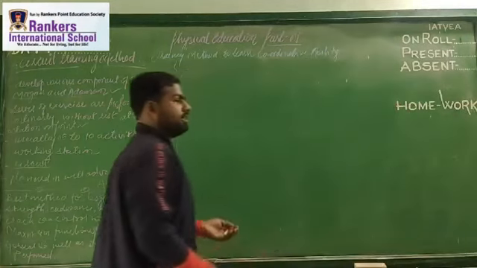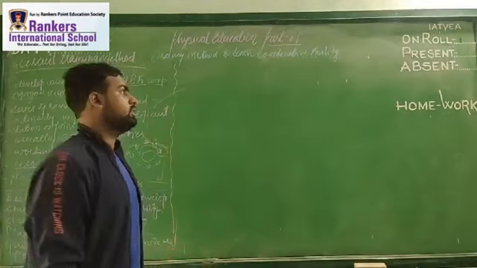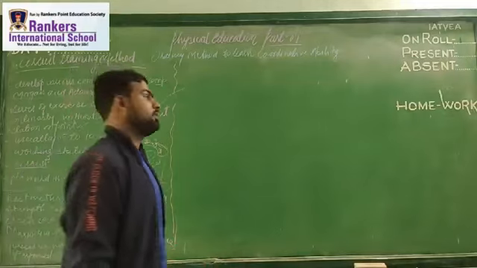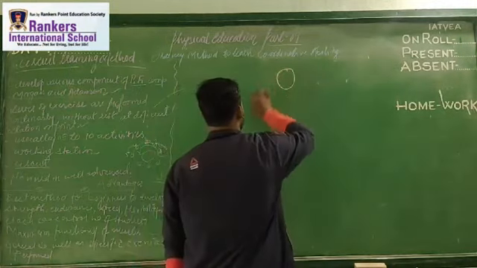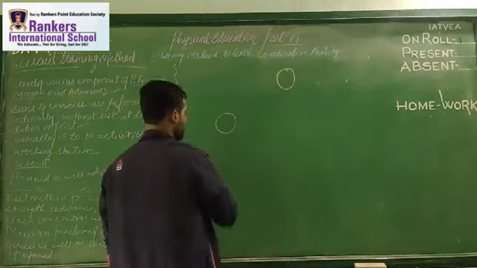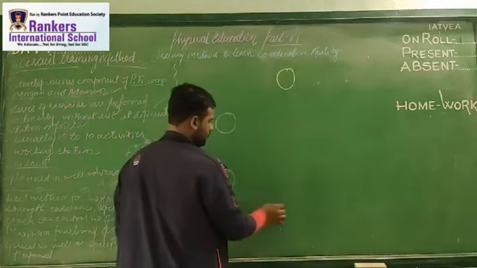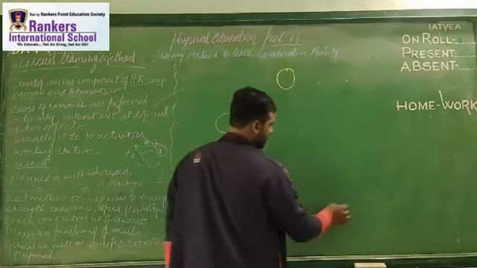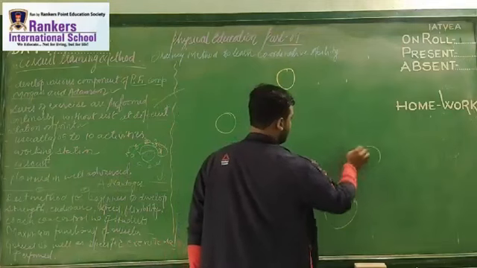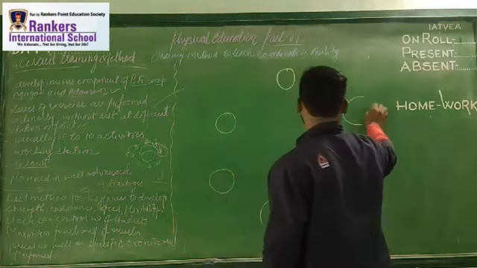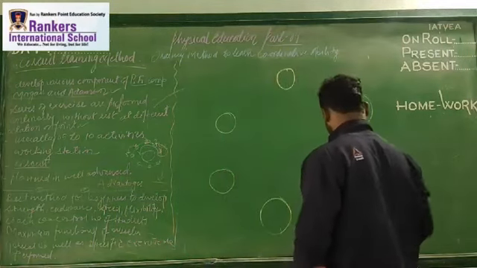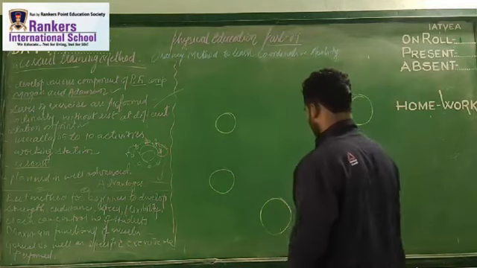So the first thing to make a circuit training method is we need to design some circuits, stations. So let's say 1, 2, 3, 4, 5, 6, 7. Let me add one more.